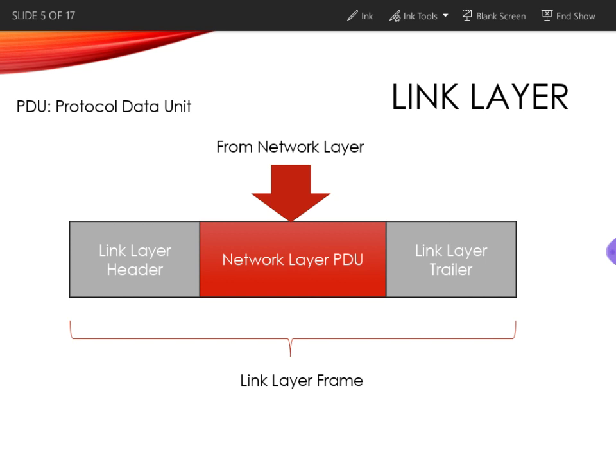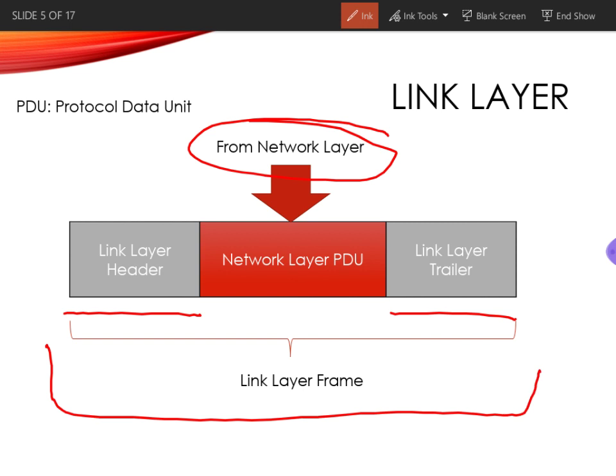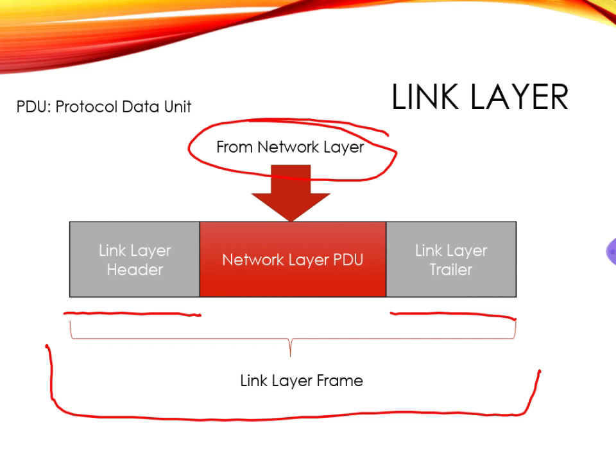So the link layer receives the protocol data unit from the network layer, and it attaches the link layer header and the trailer, and together this whole thing is referred to as the link layer frame. And this is the whole frame which is transmitted over to the other network device through the physical layer and the physical media.